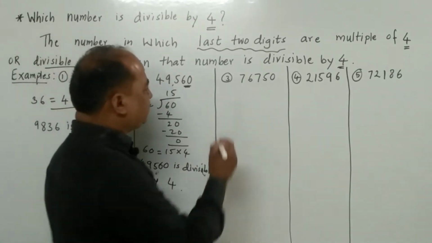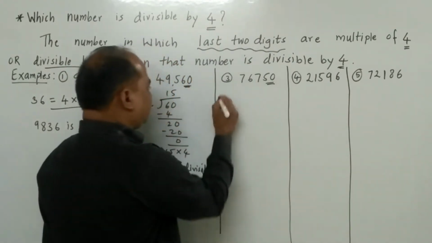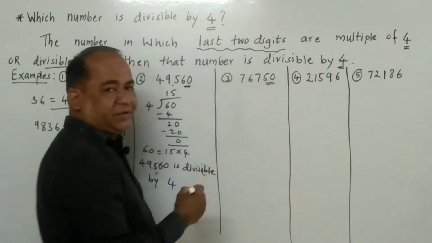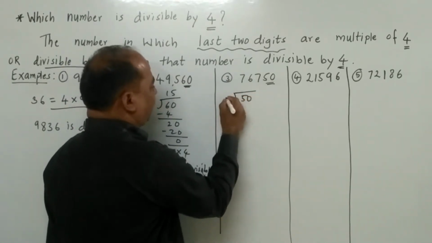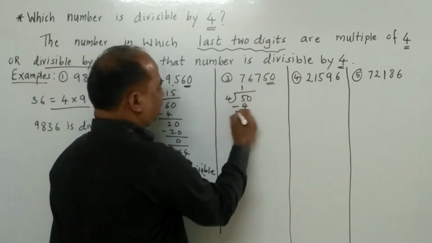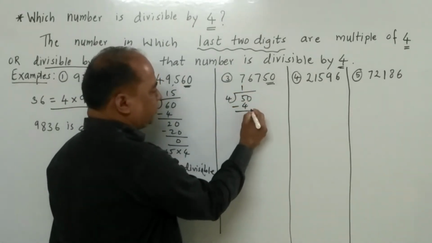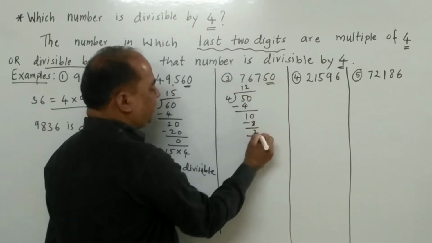Now let us check the third example. The last two digits of the number are 50. So let us check whether 50 is divisible by 4. 50 divided by 4. 4 ones are 4. 5 minus 4 is 1. 0. 4 twos are 8. Remainder is 2.